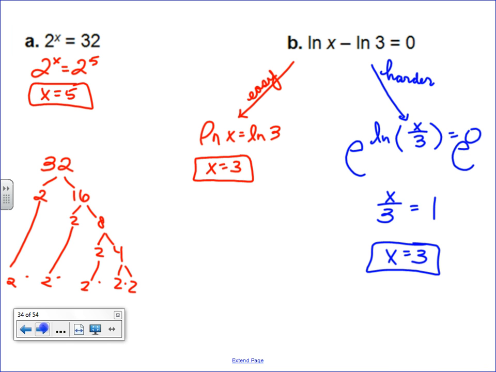But one used the one-to-one property after a little bit of moving, and the other one said, I need to get rid of ln's, they're in my way. All right, e to the, got rid of it, simplify. What relationship, just one more time, what relationship lets me do this and simplify to this? What's the relationship between e to the power of and ln of?